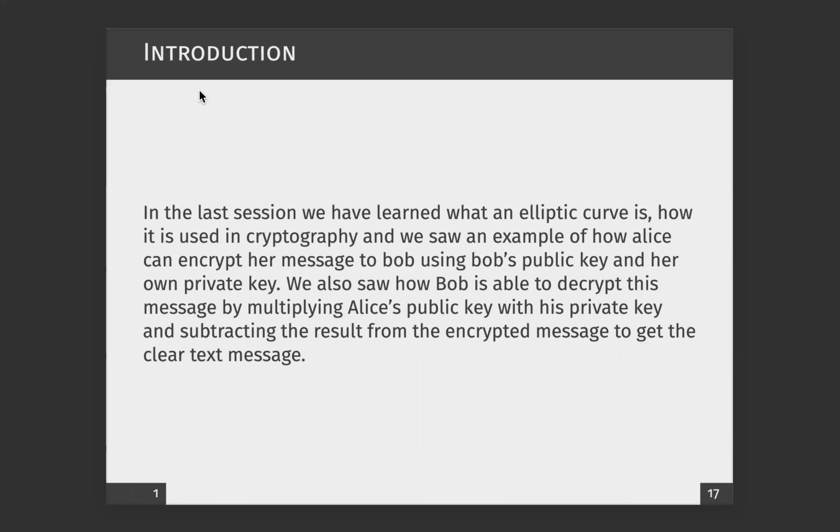So that's the typical public key cryptography algorithm.